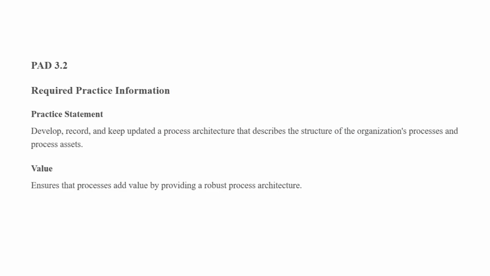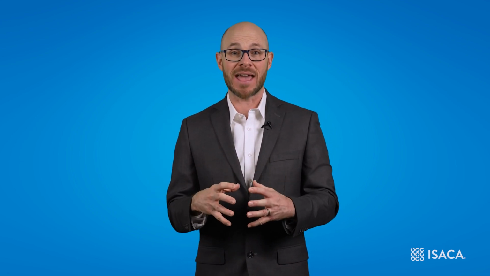In addition to an overall strategy for the development of processes and process assets, another key component of an organizationally defined process set is a description of the process architecture to be developed. PAD 3.2. A process architecture describes the structure within which the processes and supporting assets are held and maintained.